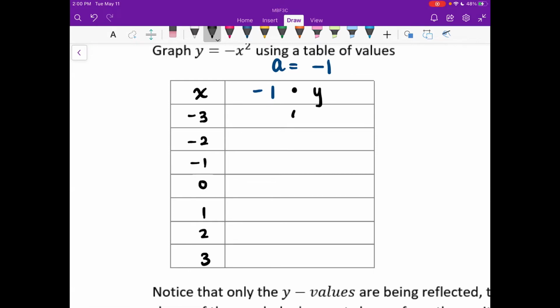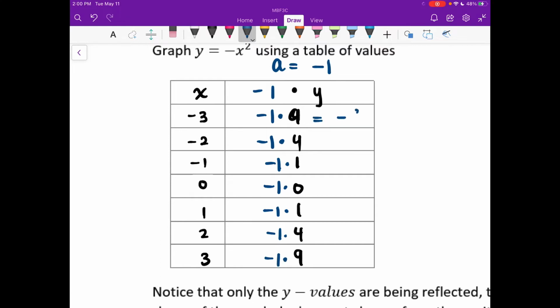Let's put in our original y values, 9, 4, 1, 0, 1, 4, 9, right? And we're just going to multiply them by negative 1. Anything multiplied by negative 1, you just change the sign, but for the sake of clarity, I'm going to do it this way. And that dot just means I'm multiplying, right? So negative 1 times positive 9 is negative 9. I'm just going to change the sign, so it's becoming negative 4, negative 1, 0, because there's no such thing as negative 0.